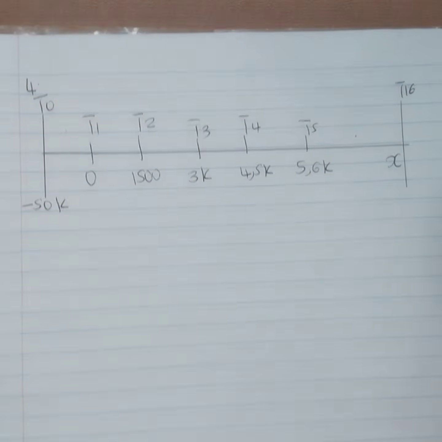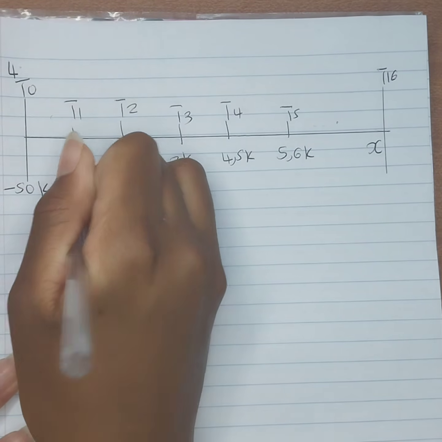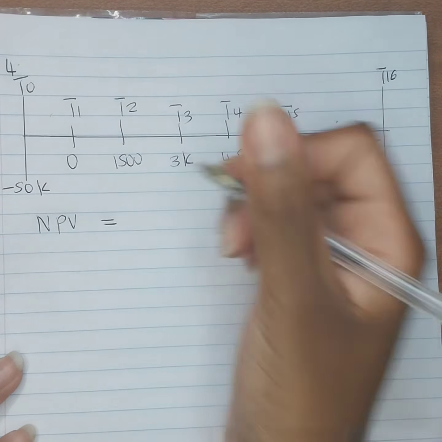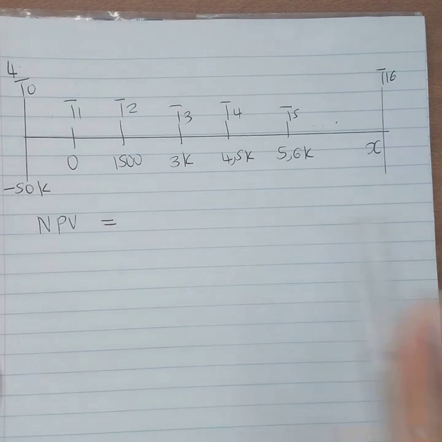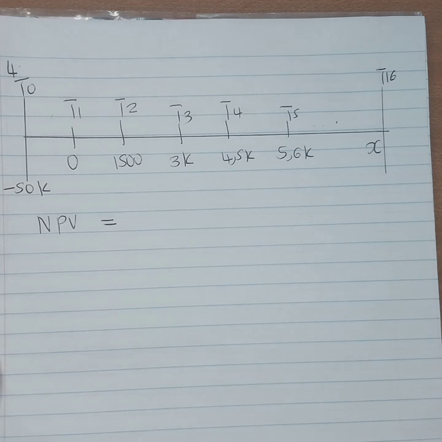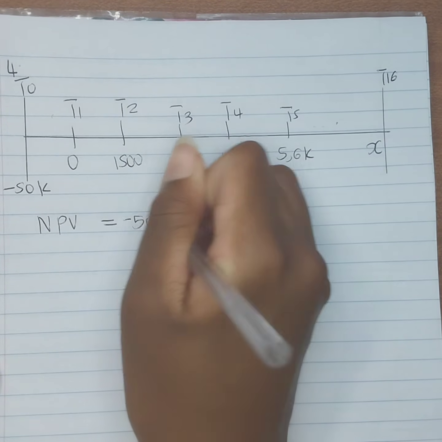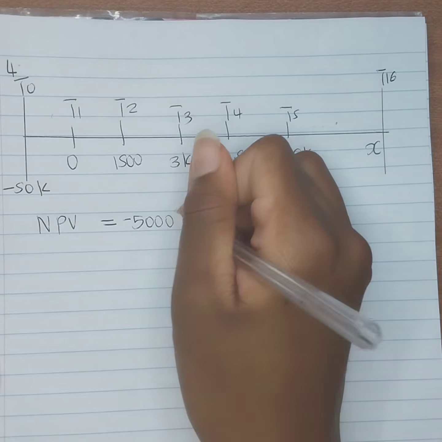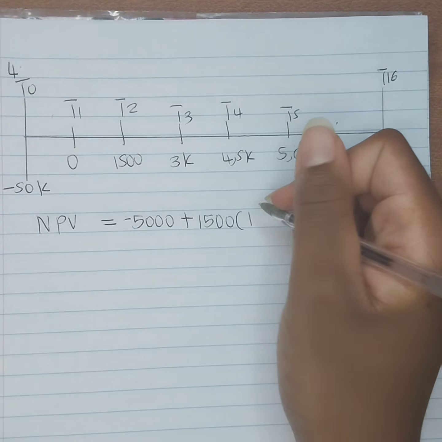So as I said, the first thing you have to do is to write your NPV function. So NPV is equal to, so when they say net present value, they are saying bring every single cash flow backwards with interest to T0. So at T0 you have negative 50,000, and you will bring back the 1,500 with its interest, right?